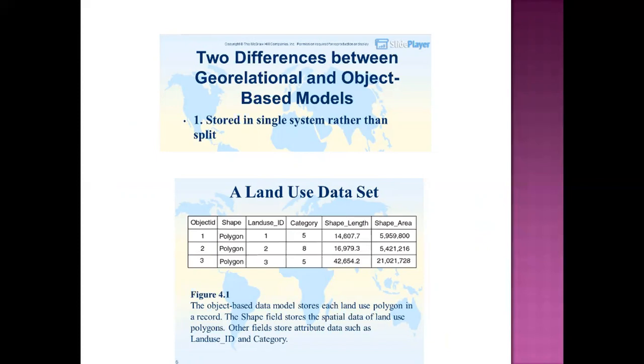For example, take a land use data set with object ID 123 and a shape field of polygon, plus shape length and area. In this figure, the object-based data model stores each land use polygon as a record. The shape field stores the spatial data of the land use polygons. Other fields store attribute data such as land use ID and category. So this is attribute data.